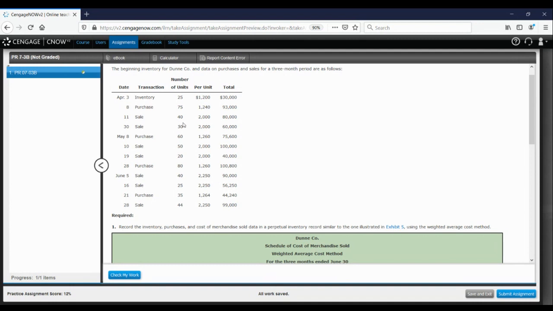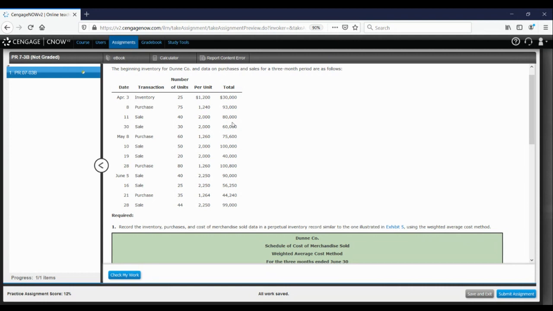On April the 11th, we sold 40 units at a sale price of $2,000 each. So 40 times 2,000 gives you a total sales figure of $80,000. We would debit accounts receivable and credit our sales for $80,000.